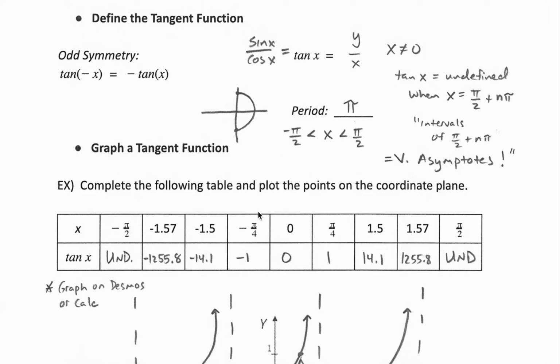So tangent of pi over 4 is 1. But this is negative pi over 4. That's dipping down pi over 4 clockwise into the fourth quadrant, where our y values are negative. So if I have a negative divided by a positive, I'm going to get negative. So something negative divided by its positive self is going to give me negative 1.